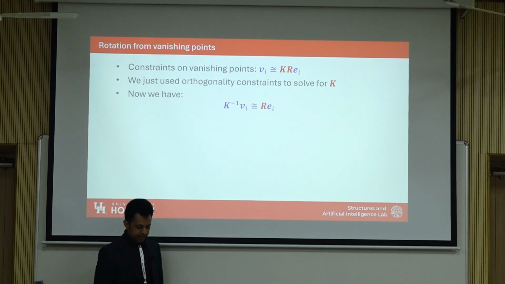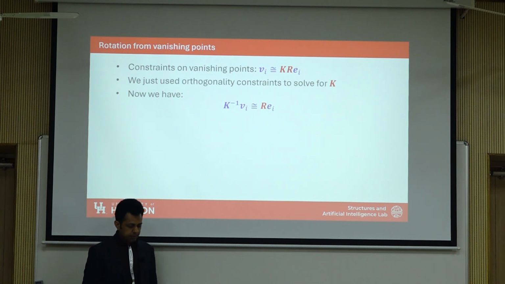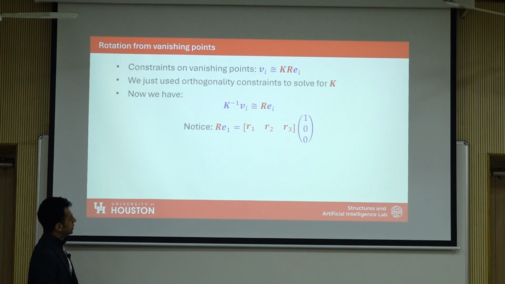So once you solve for that, if you have to determine the extrinsic camera matrix, then you also have to try to get the rotations. Now we use the orthogonality constraint to solve for K. But once we have K, then we can write this equation again that we saw. And if I split R into 3 columns, R1, R2, R3, then I have this expression, and when I multiply it with just E1, then that's going to give me R1.